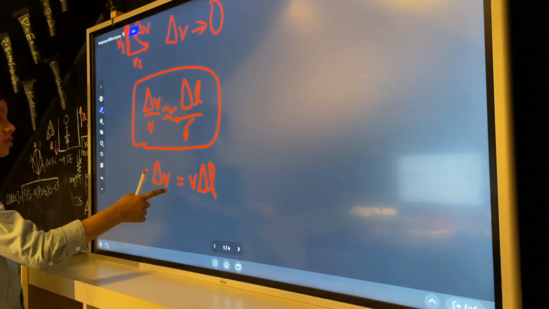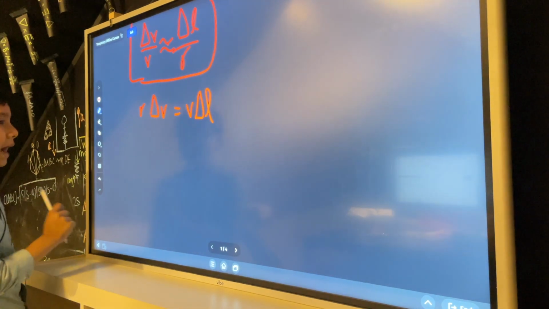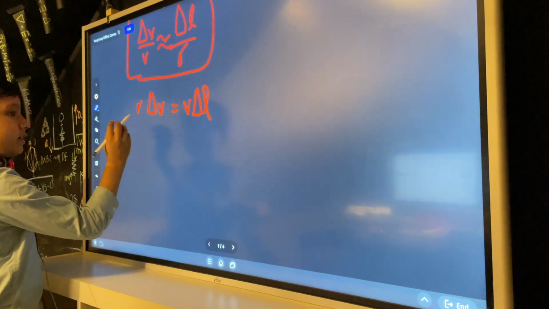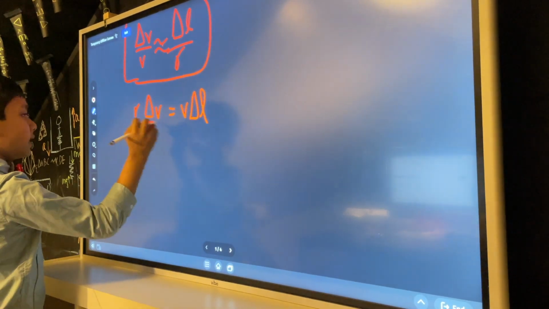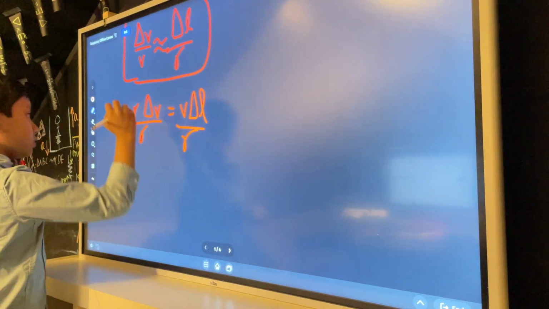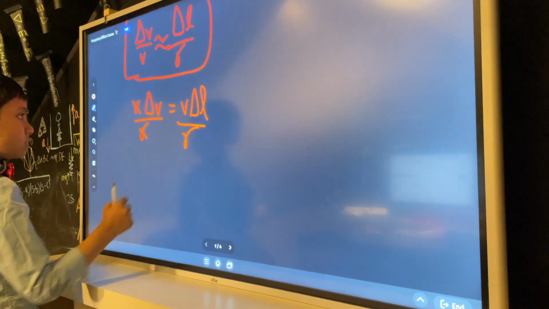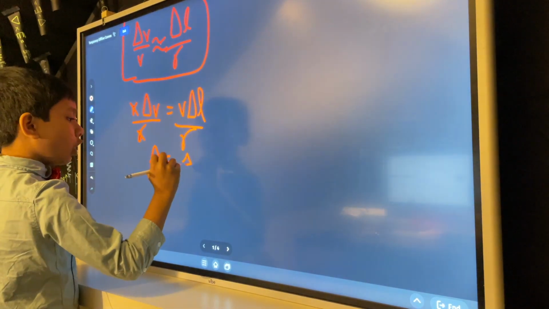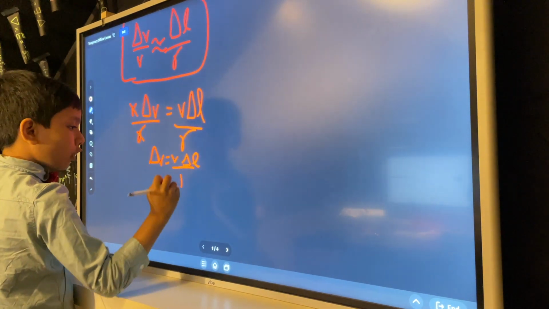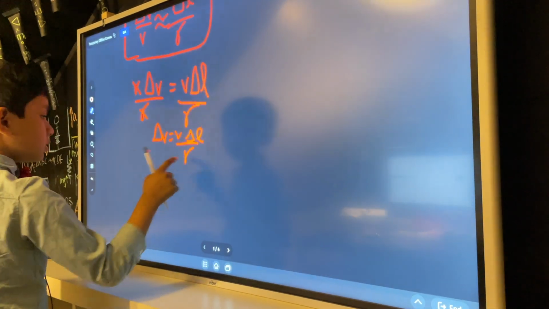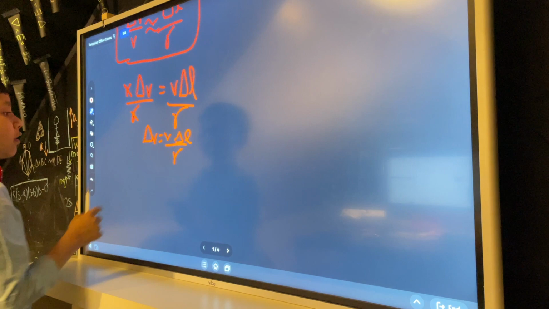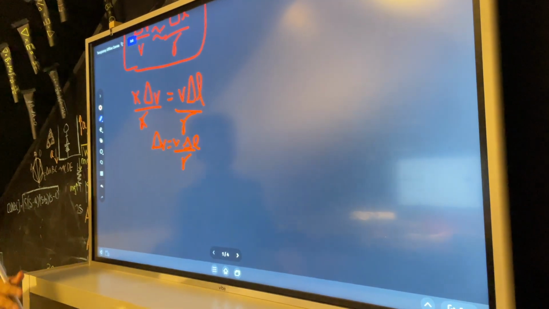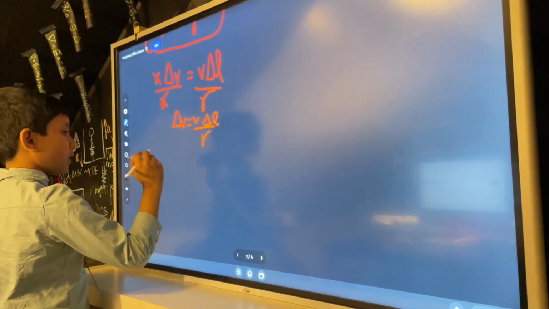Now, let's do some more math. Well, how can we make this a little more sophisticated? Let's divide both sides by r. Cancel, cancel. Delta V equal V delta L over R, of course. So, now, let's say we divide both sides by delta T. This is very strategic dividing.